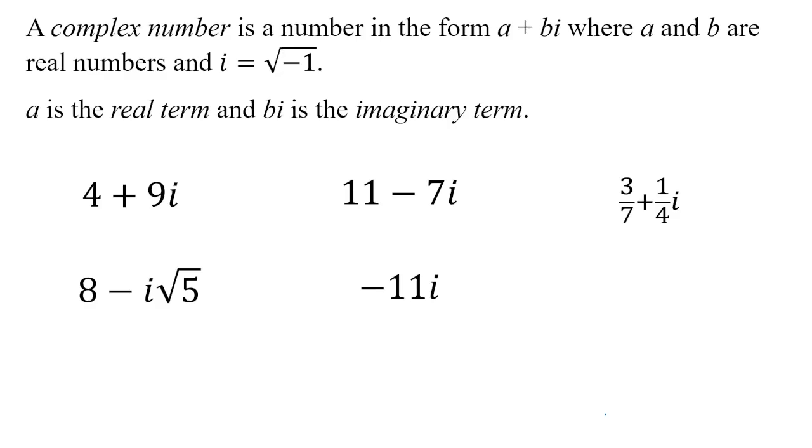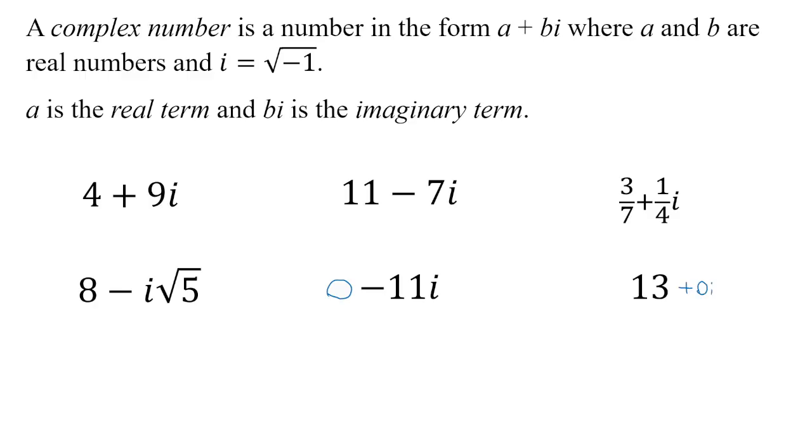Now let's look at -11i. It is a complex number because it is actually 0 minus 11i. And 13 can actually be a complex number because 13 can be written as 13 plus 0i.